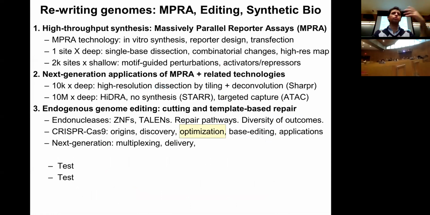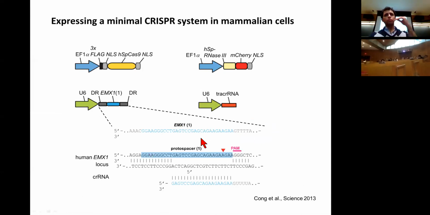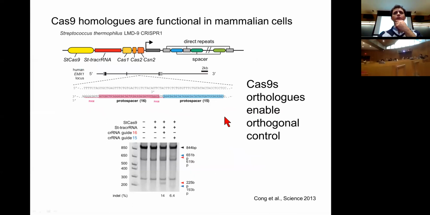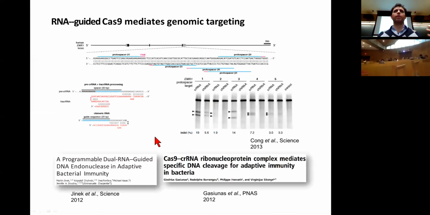So after this was discovered, there was a huge, huge effort in optimization, basically bringing CRISPR into mammalian cells, triggering the non-homologous end joining or the homologous base repair, minimizing the system, making it more efficient, guiding in a very effective way, finding different Cas9 homologs, enabling targeting and cleaving of endogenous locations in mammalian cells, and then effectively carrying out this targeting.